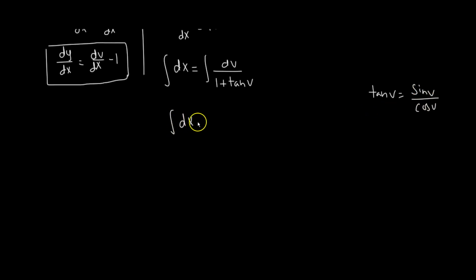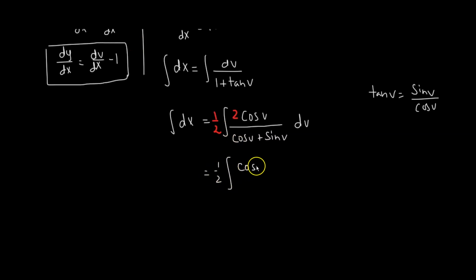So that should give us cosine of v divided by cosine of v plus sine of v, dv. Now we will multiply and divide by 2, such that the numerator can be written as cosine v plus sine v plus cosine v minus sine v. So this is a technique that we are going to use.